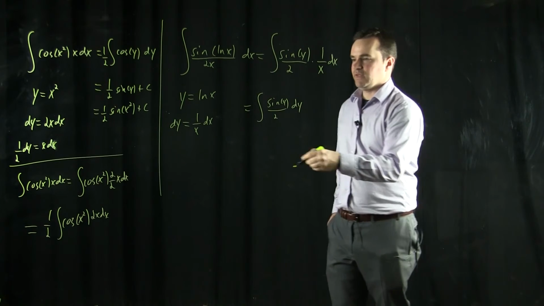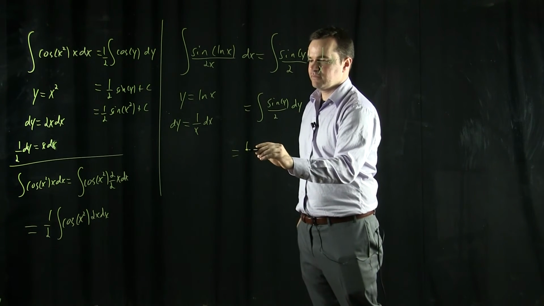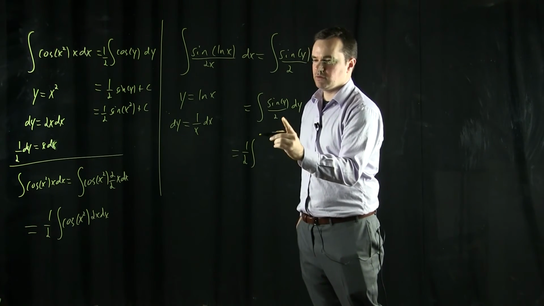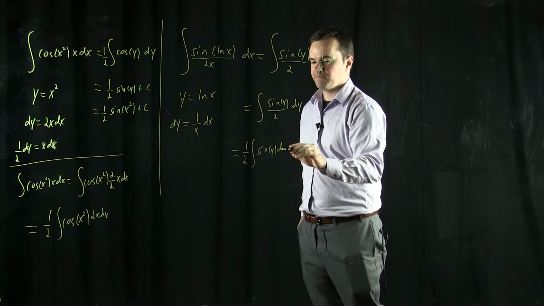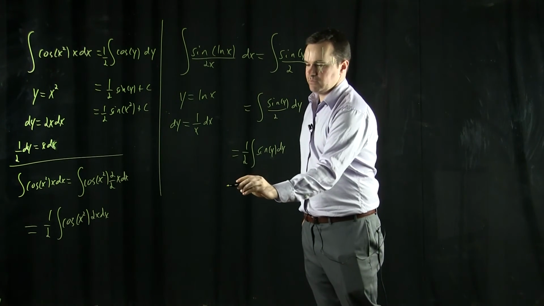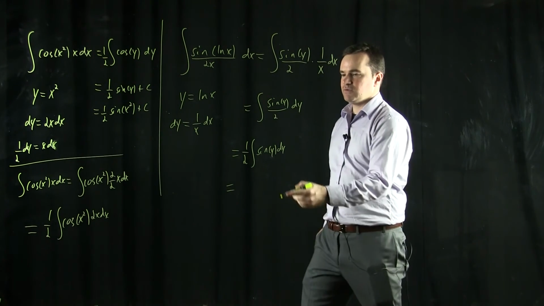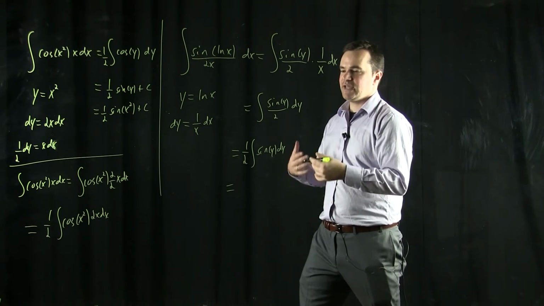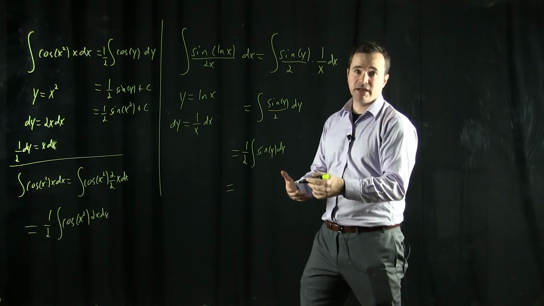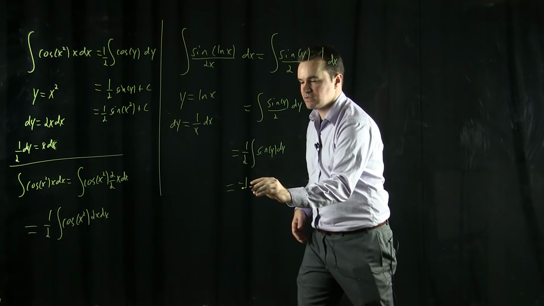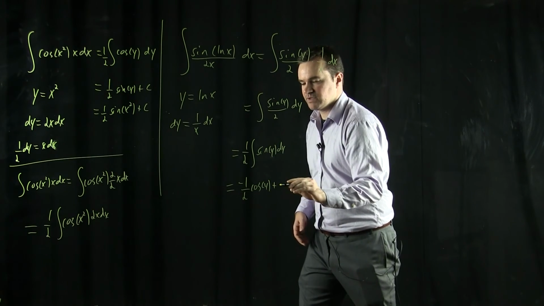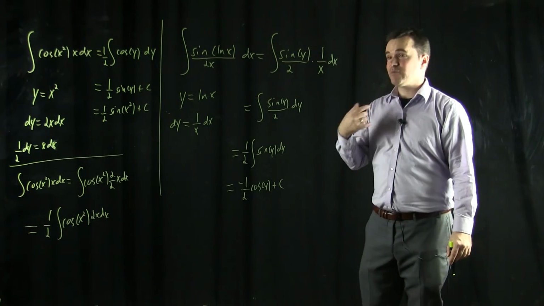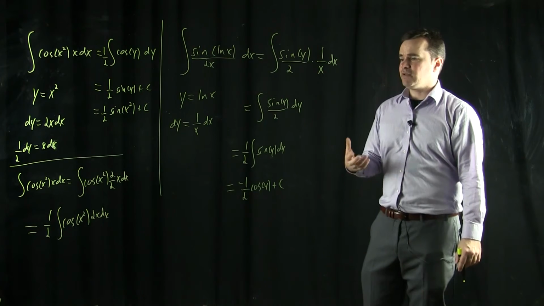Now I can integrate that. You can bring out the 1/2. Integrals are what we call linear, so you can bring out the constant. You're taking the integral of sine of y dy, which is equal to, well, I have to think about what the antiderivative of sine is. It's negative cosine, so I'm going to get minus 1/2 cosine of y plus a constant of integration. And remember, that's not your final answer.